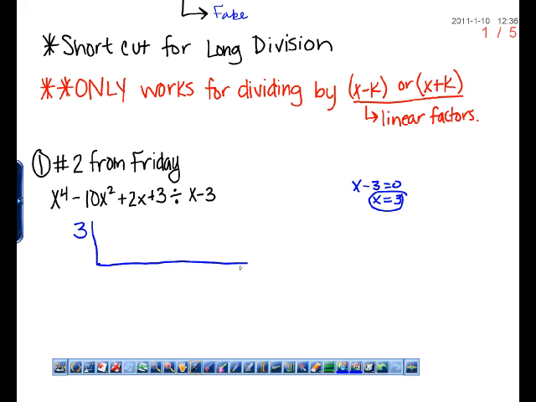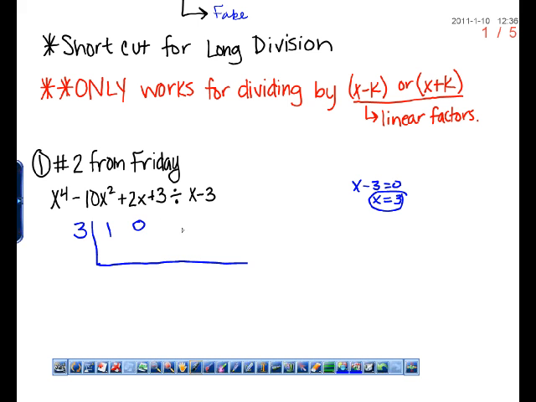On the top row, we are going to list the coefficients of what we're starting with. And like Corey said, notice on this one we're missing x cubed, right? So we're going to have to put a placeholder. So my coefficient of x to the 4th is what? 1. Then I've got, what do you think I'm going to write next? 0. Good, because I'm missing x cubed.